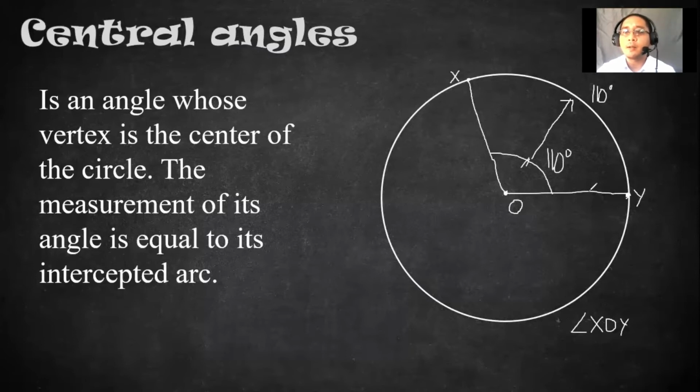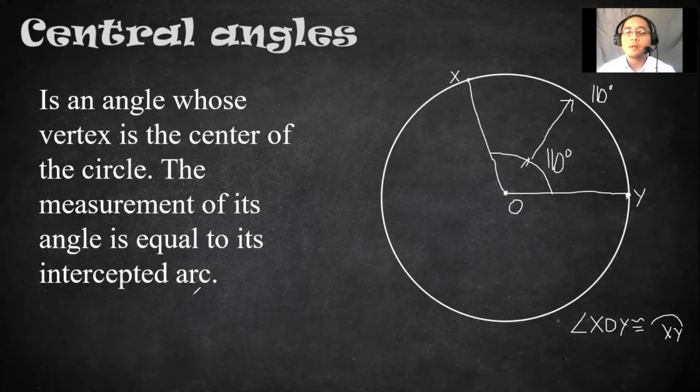Applying the central angle theorem, angle XOY is equivalent or congruent to arc XY. So that is an example of a central angle. Take note, the vertex is the center of the circle, and if we place a measurement, it is equivalent to its intercepted arc.